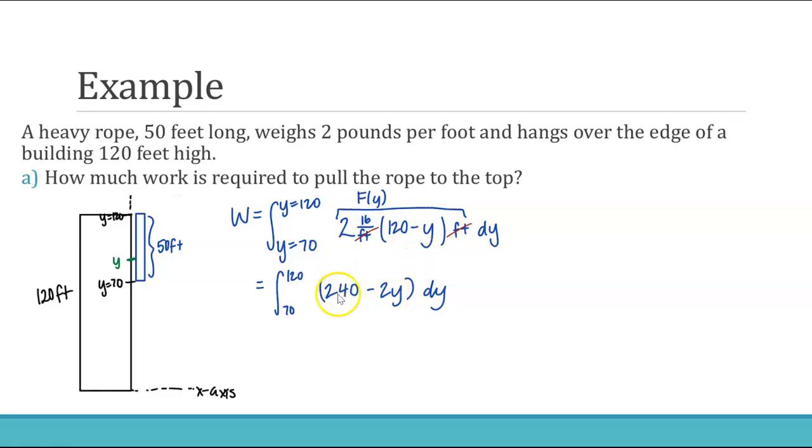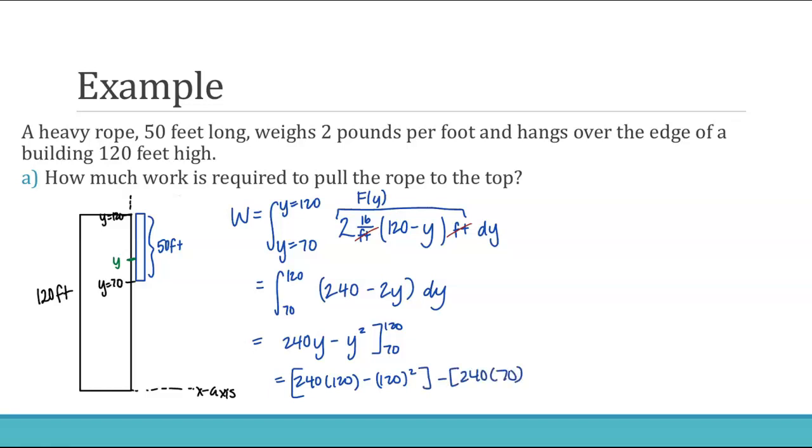Now we're just taking the antiderivative of each piece. So we have 240y minus 2y squared over 2. The 2's cancel, so just y squared, evaluated from 70 to 120. If we plug in the 120 first, we have 240 times 120 minus 120 squared, and then all of that minus 240 times 70 minus 70 squared.